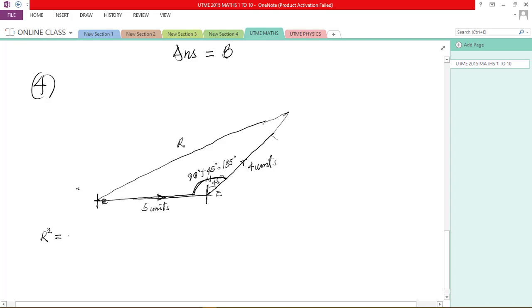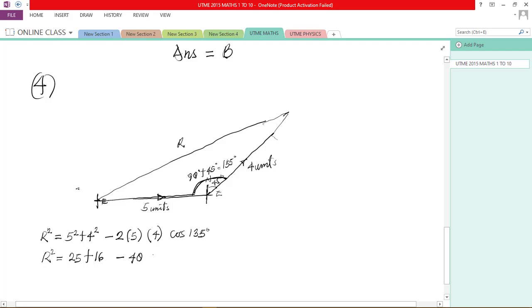R squared is equal to 5 squared plus 4 squared minus 2 times 5 into bracket 4, cos of the angle, which is 135 degrees. I'll still give you another shortcut so that I can be happy. So r squared is equal to 25 plus 16 minus 2 times 5 times 4, which is going to give you 40.